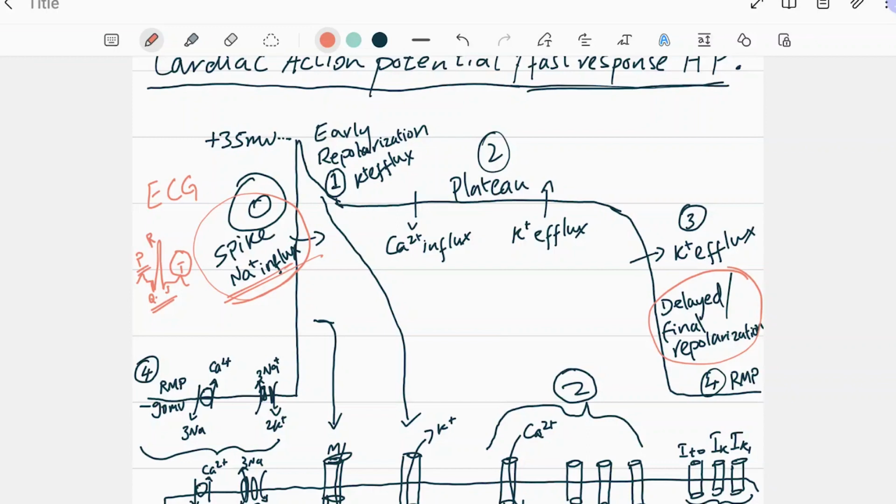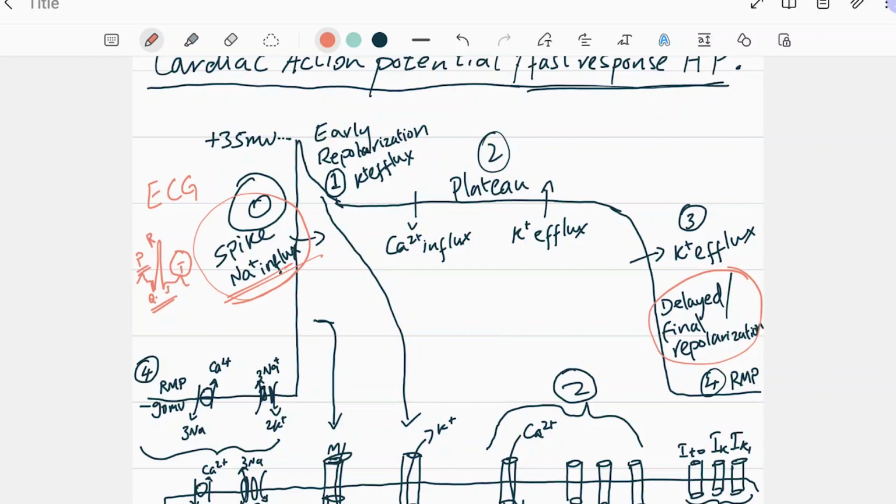Because your ECG is a galvanometer, it only picks up big changes in the potential. Okay, if there is no change, it gives a straight line, a horizontal line. It does not give you a deflection or a wave. So if you want to see waves, look at the ECG like it's a galvanometer. An ECG is a galvanometer. It picks up rate of change of voltage per unit time.